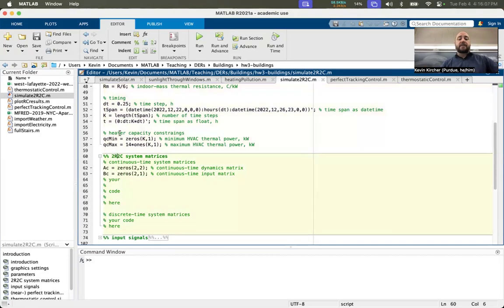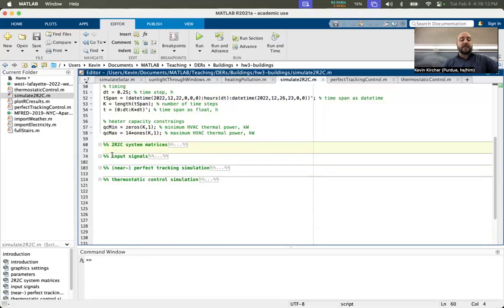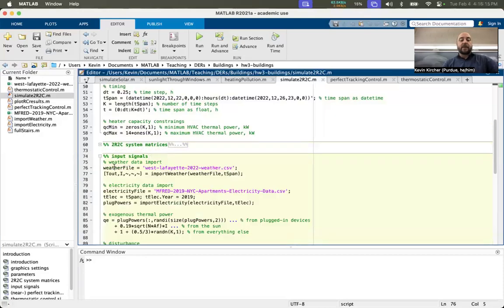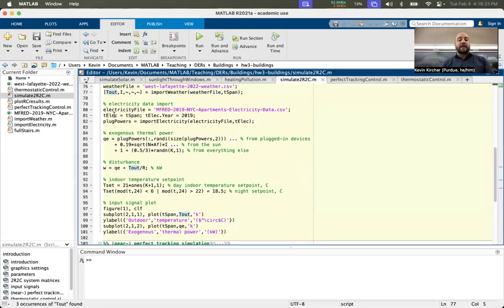This cell takes the input data and builds the system matrices. This is more or less just looking at the slides and writing down the matrices. This code defines the signal QE, the exogenous thermal power, based on these functions, which pull electricity usage data measured from some New York apartments and weather data for Lafayette over this time span.